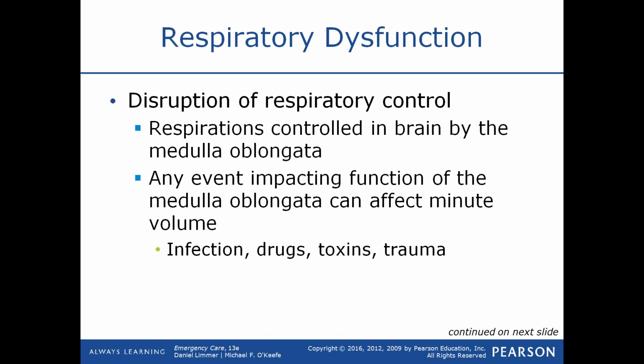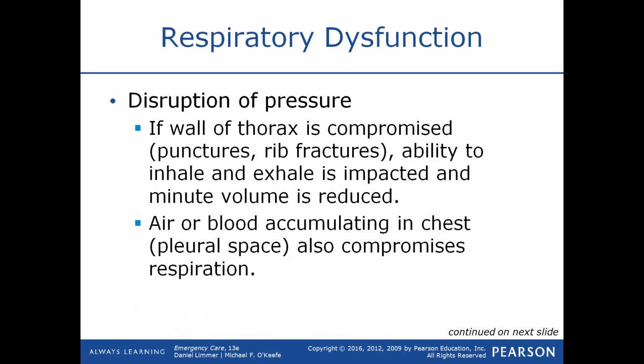Any event that impacts the function of the medulla can affect breathing as well. Infections like encephalitis, drugs like heroin, toxins like carbon monoxide, and head trauma with swelling of the brain may lead to a problem with breathing.